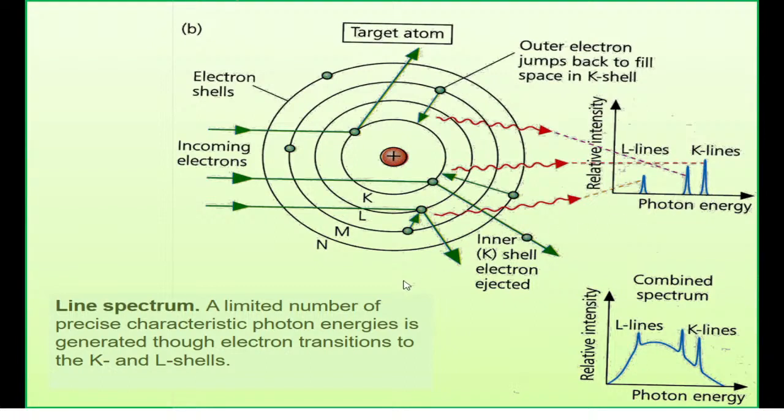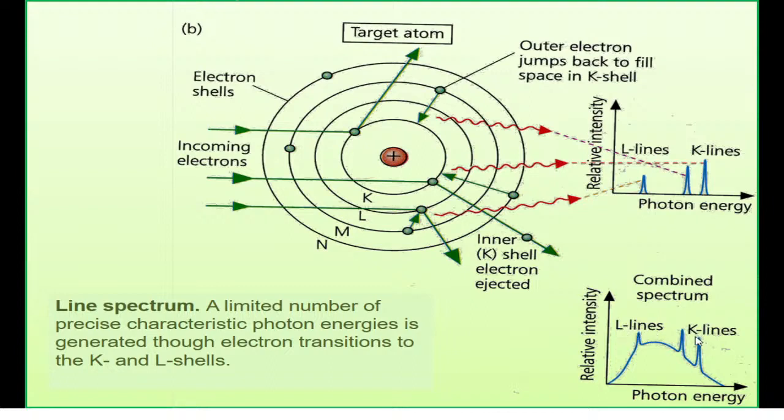Also, the electron from the target atom may be removed from the L inner shell, and consequently the higher electrons from M and N shells fall in and produce the L lines.